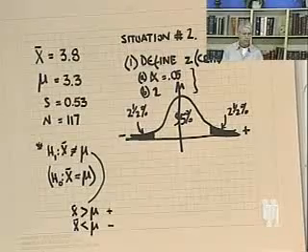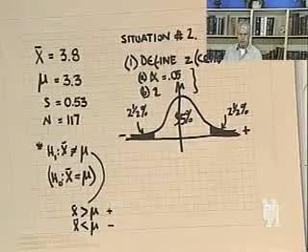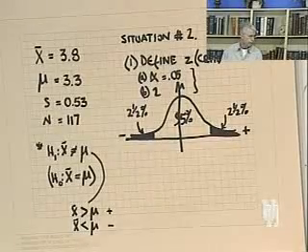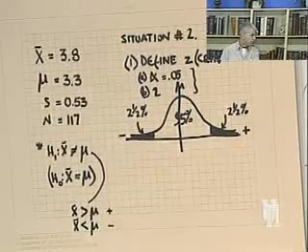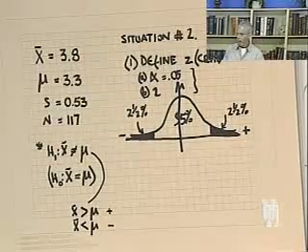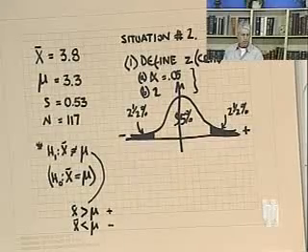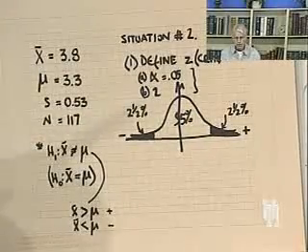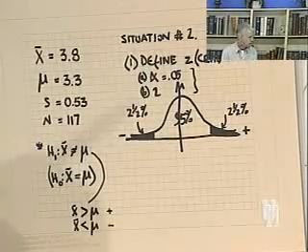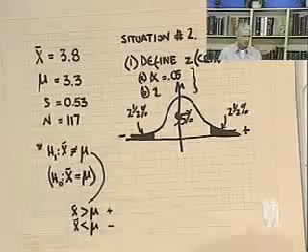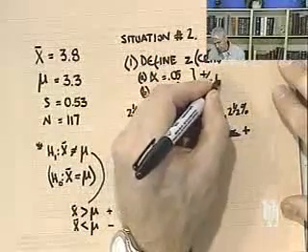If alpha is 0.05 and the test is two-tailed, what is the critical value of z? 1.96. Would you like to say plus or minus 1.96? I would agree with that.